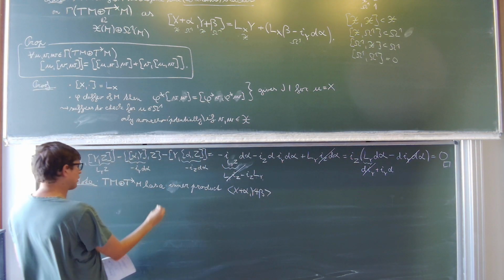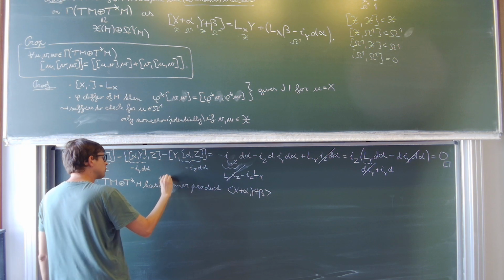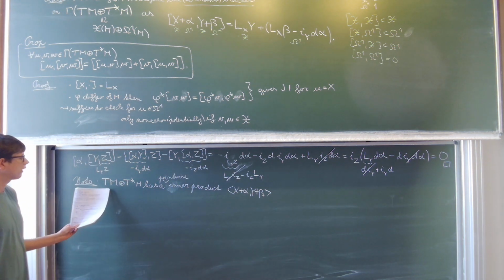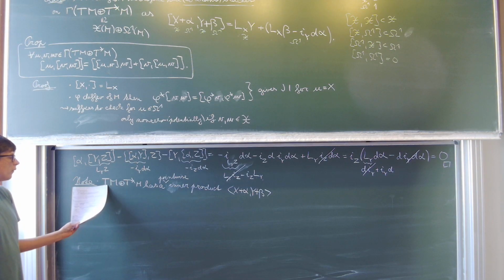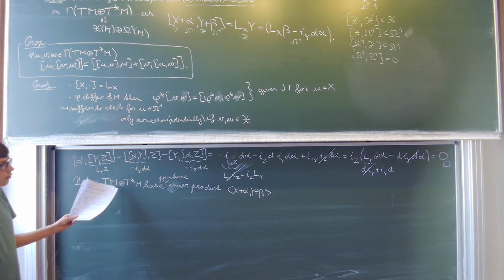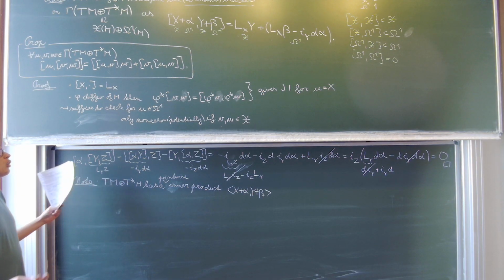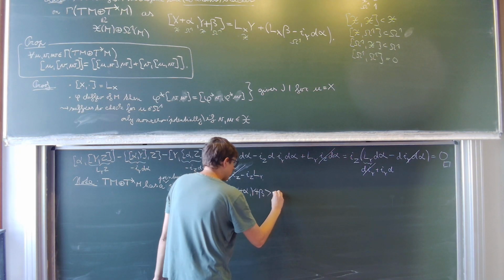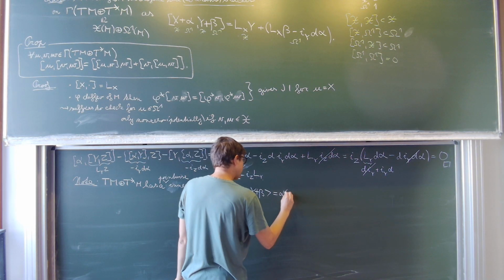So it's in fact a pointwise inner product. You don't need to talk about sections, just at every point on M, the bundle is just the direct sum of two vector spaces, the tangent and cotangent vector spaces, which are dual, so precisely at every point you have an inner product, given by this formula.